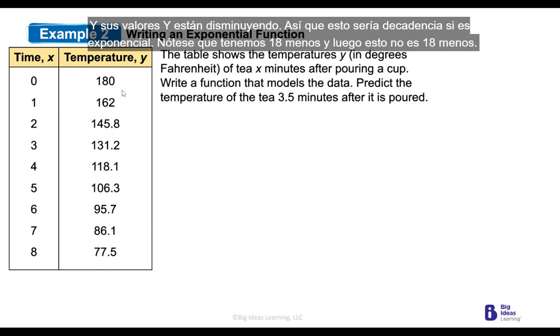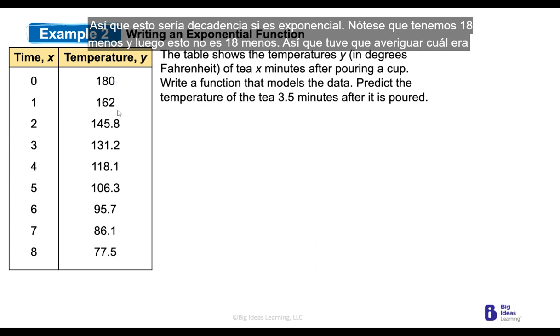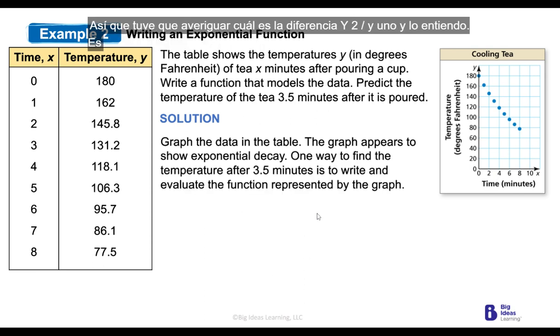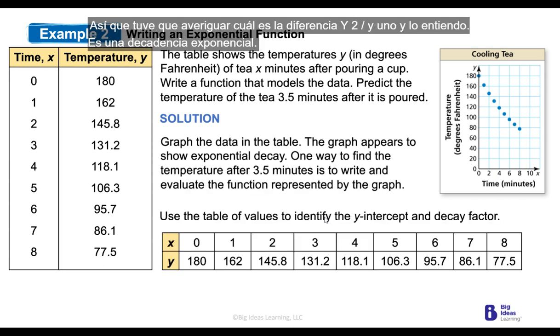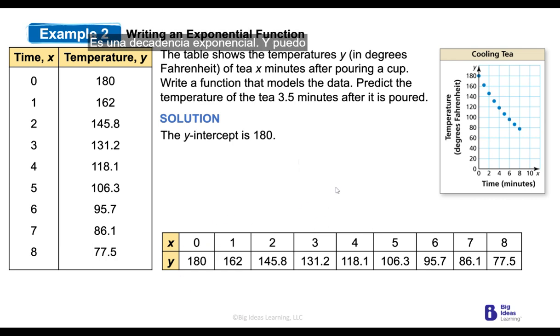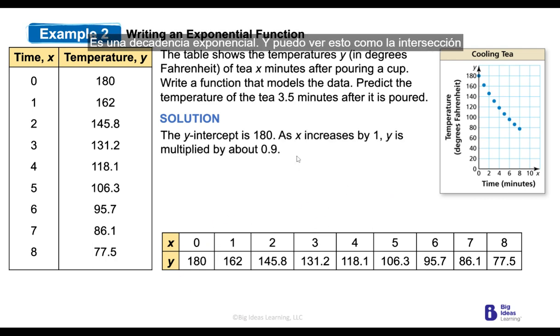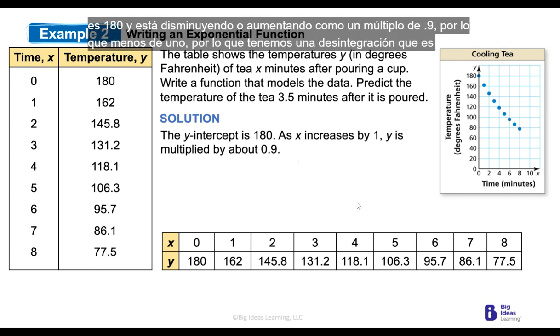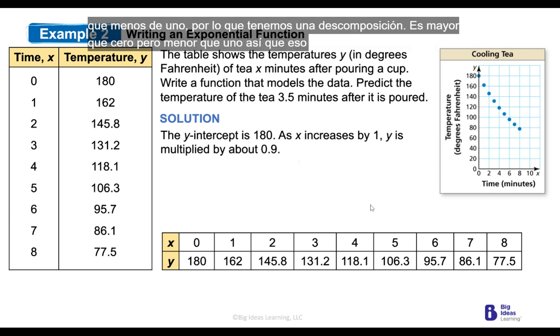So I have to figure out what the difference is, y2 over y1, and I get that it is an exponential decay. And I can look at this as the y-intercept is 180, and it is decreasing as a multiple of 0.9, so less than 1, which is why we have a decay. It is greater than 0, but less than 1, so that tells us it is an exponential decay.